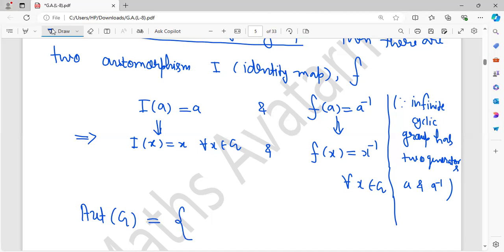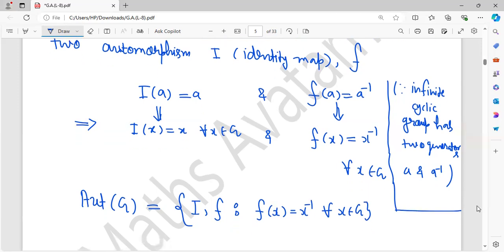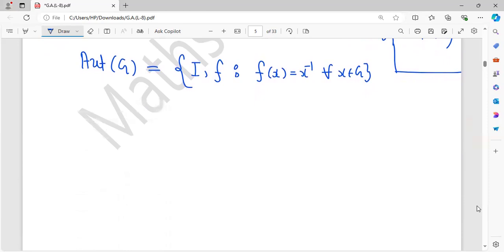This is the identity map, the identity automorphism, and F such that F(x) is equal to x inverse for all x belongs to G. So what is the order of this group, the order of Aut(G)?